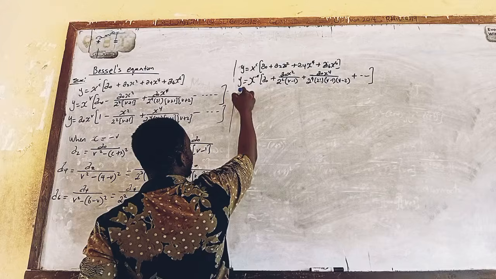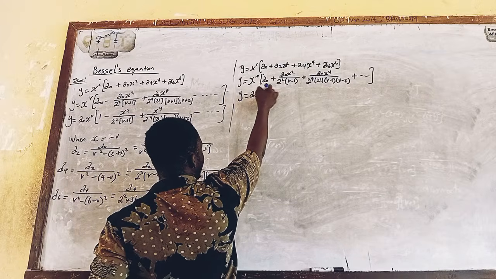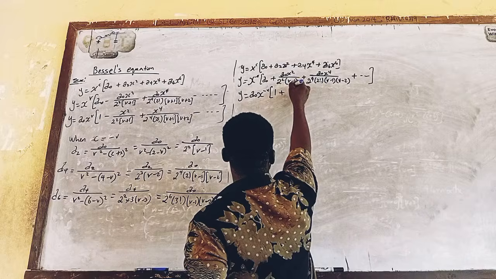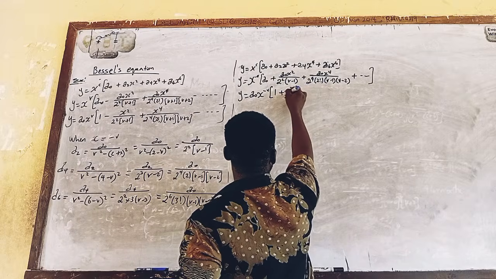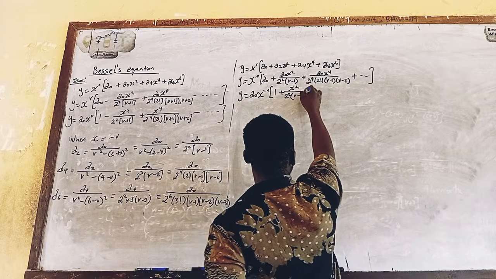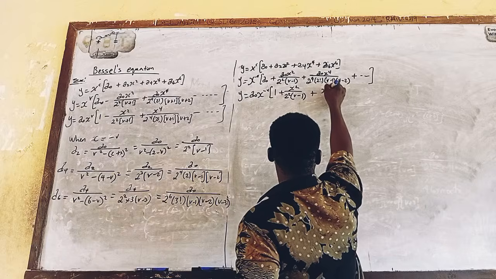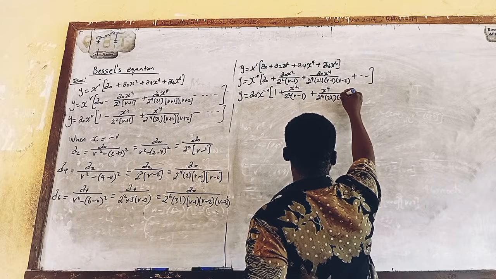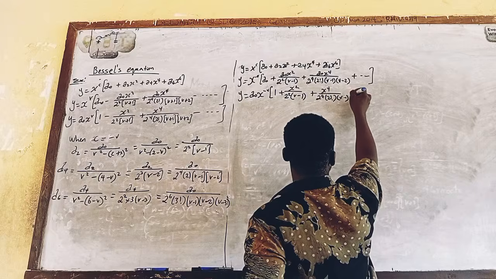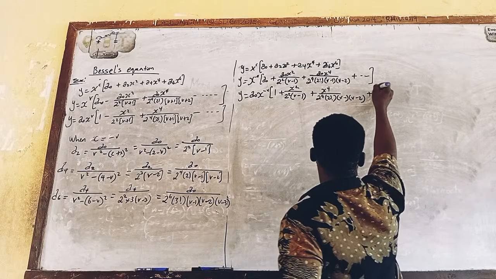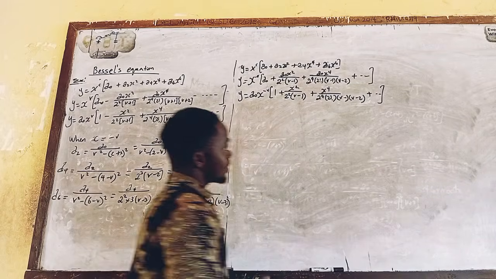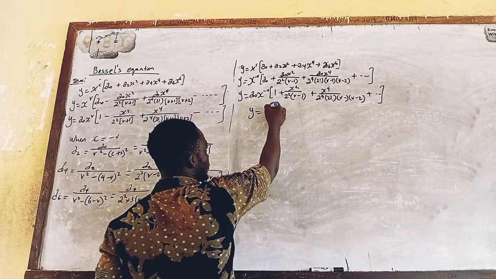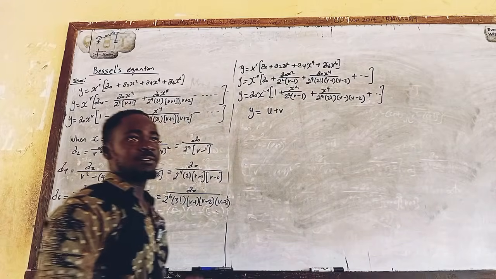Now we have a naught is common, let's factorize a naught. It makes 1 plus x squared over 2 squared times v minus 1 plus x raised power 4 over 2 raised power 4 times 2 factorial times v minus 1, v minus 2 plus the last one, you write it out. Now the final answer is going to be in the form of y equals u plus v. That's the final answer.